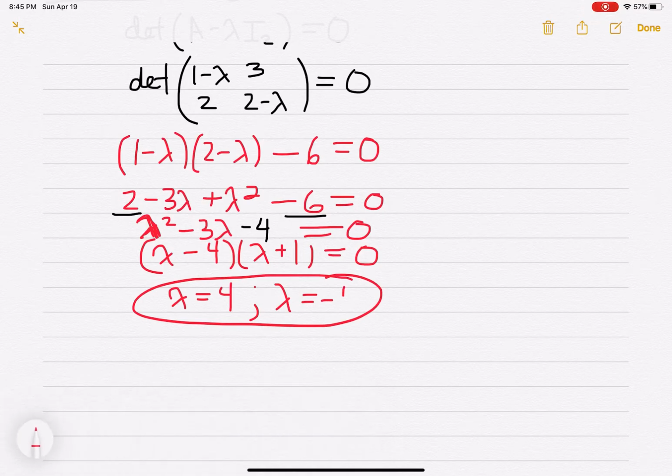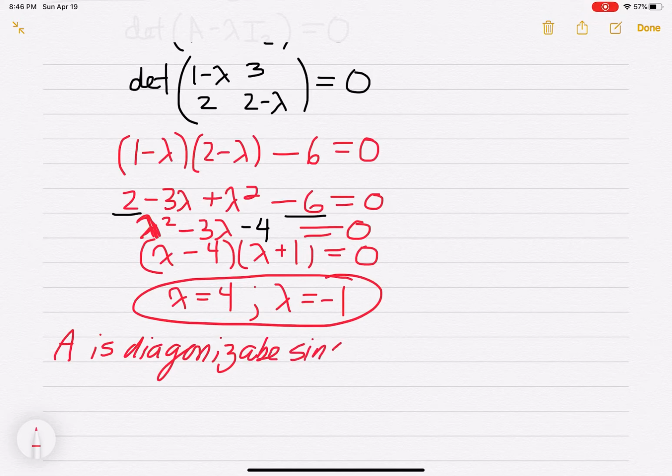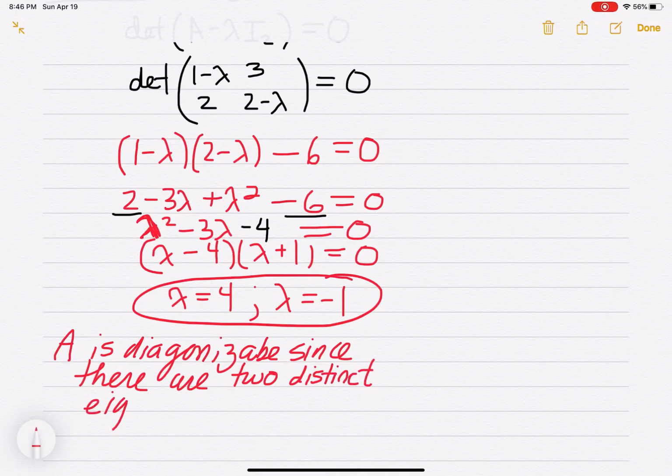We can already tell that. A is diagonalizable since there are 2 distinct eigenvalues. We're talking about a 2 by 2 matrix, so you'll want 2 distinct eigenvalues in this case.